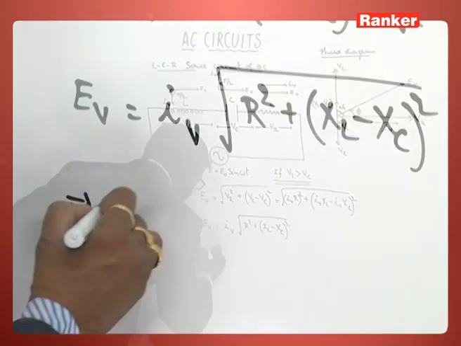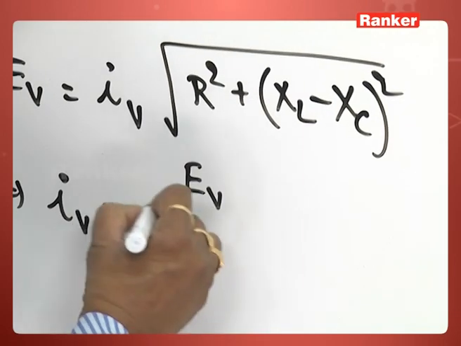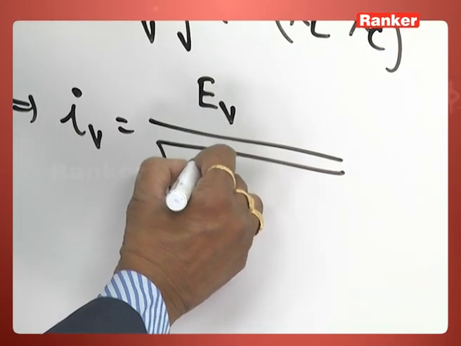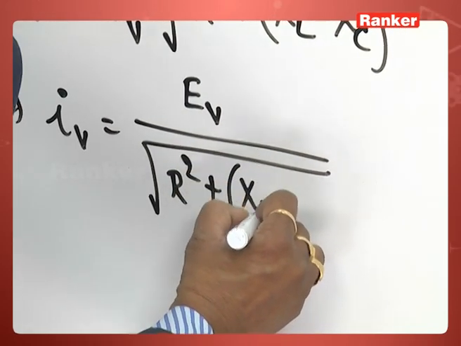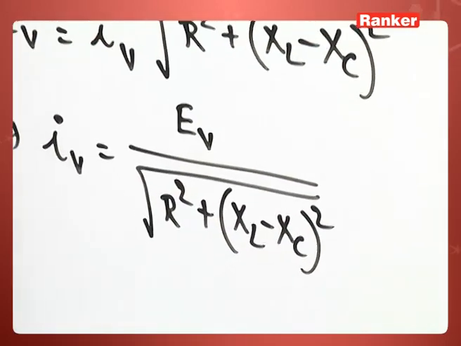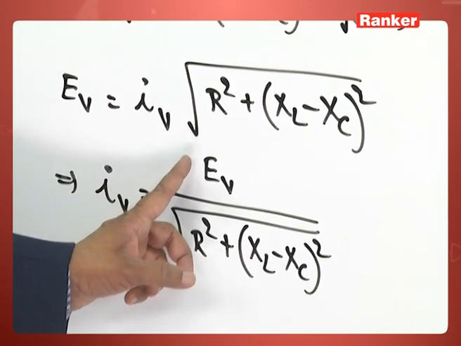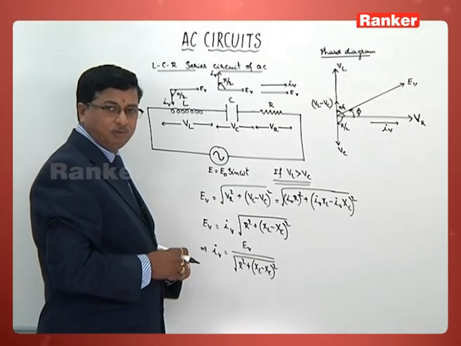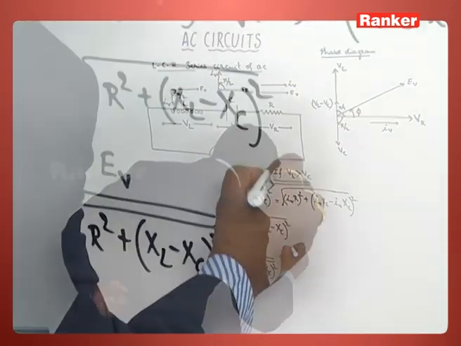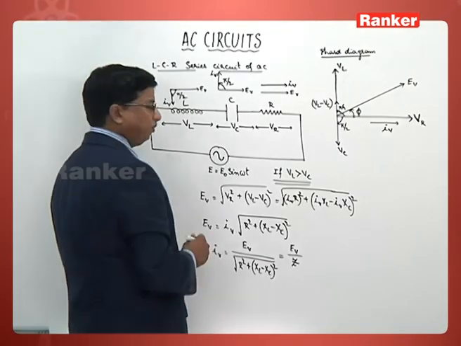Therefrom we can write the virtual value of current is equal to virtual value of EMF divided by root R square plus XL minus XC whole square. But in reality, this is similar to I is equal to E by R form, where R gives you the resistance of the system. Thereby, we can rewrite the same equation this way, EV by Z again.